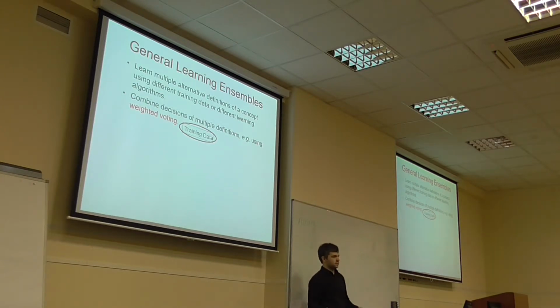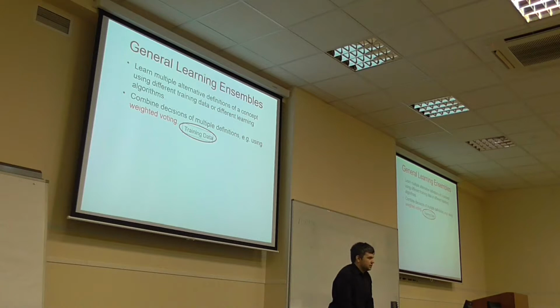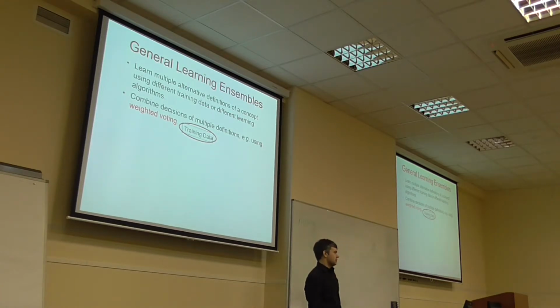How to determine weights? Well, first, we can learn them from data, right? Second, we can find them by brute force. In fact, in ensembles, it's not a big problem to find these weights by brute force, because we may have only 10 or 5 classifiers.